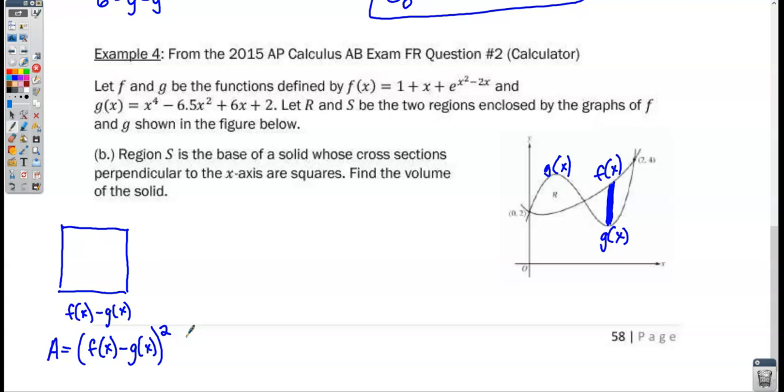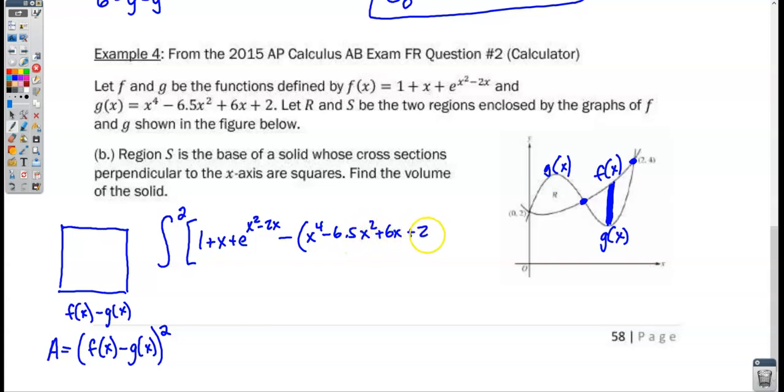All right, so to set up my integrand, I'm going to have the integral from one end of the region to the other in terms of x. We know the x-coordinate of this endpoint is 2. This endpoint we're going to have to find, but this is a calculator question, so that's not going to be hard for us. And then I've got the expression f of x minus g of x, that whole quantity squared.